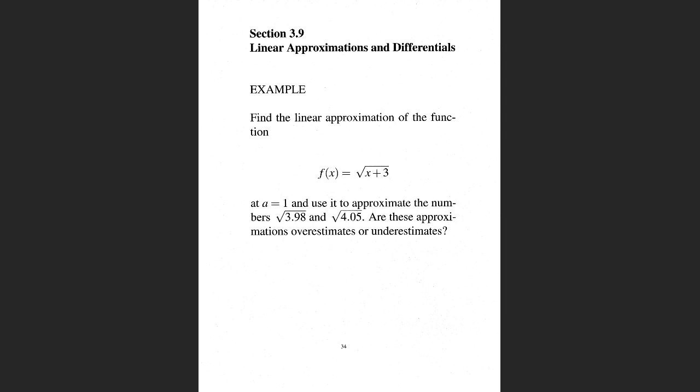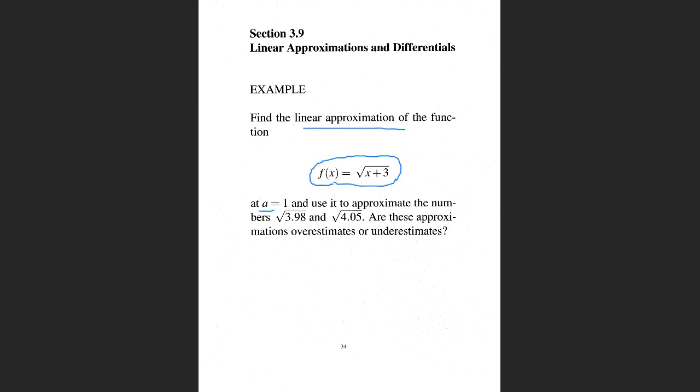Okay, all right. So, linear approximations. All right. So in this problem here, we want to find the linear approximation of the function f of x equals square root of x plus 3 at a equals 1.